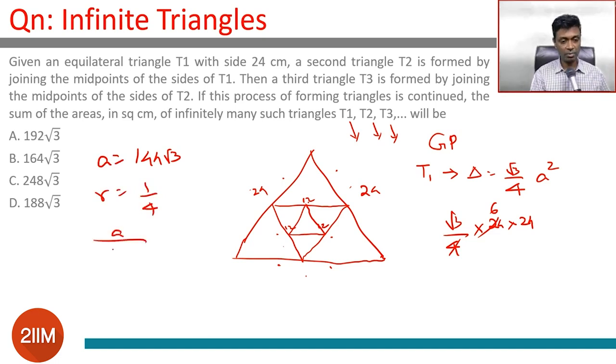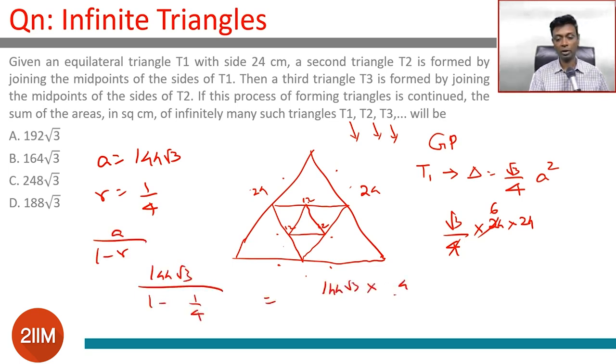We're looking at a by 1 minus r. 144√3 by 1 minus 1/4, which is 144√3 into 4/3. This is 48 into 4, 96 into 2, 192√3. That's what we're looking for. And there's a geometric progression involved, and then we plug in √3/4 a square, and then we do a by 1 minus r. Done.